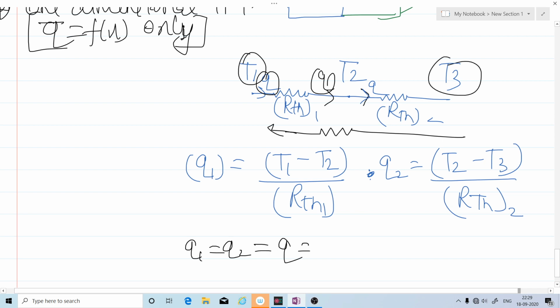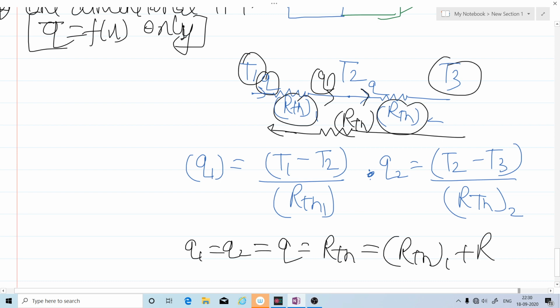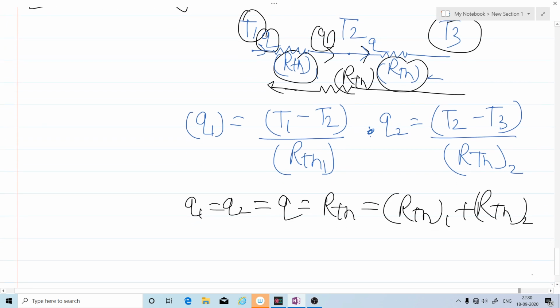Let's say the complete equivalent thermal resistance, and this complete thermal resistance will be nothing but the addition of thermal resistance 1 plus thermal resistance 2. Now, important thing to understand, why addition?